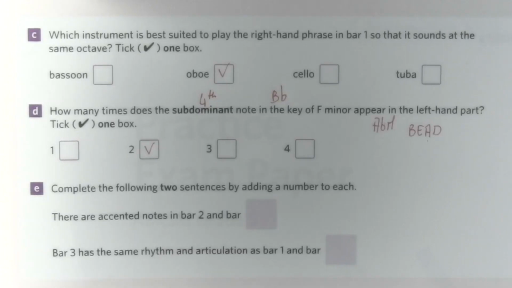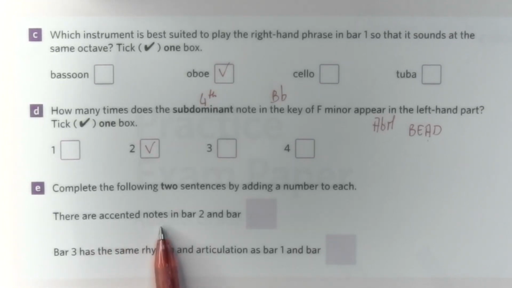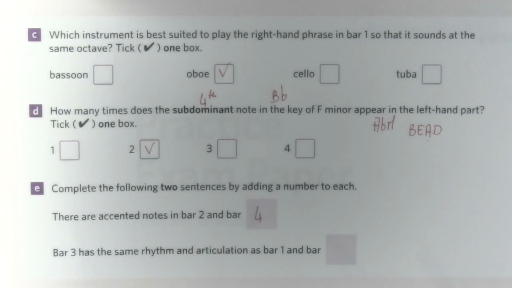The very last question before the congratulations. We need to complete the sentences by adding the bar number of the accented notes. And the accented notes are in bar 2 and bar 4. This is the accent symbol.